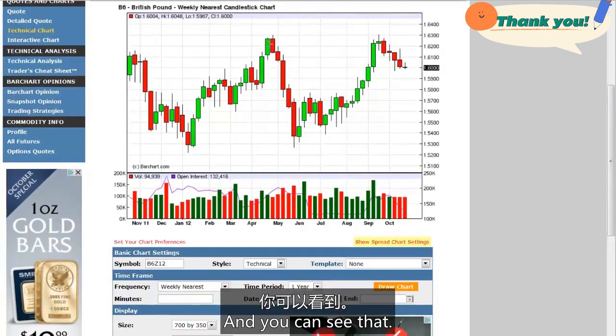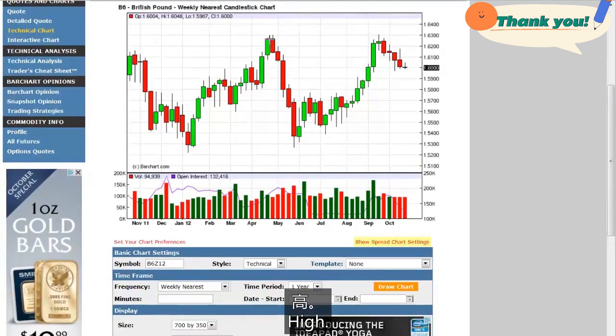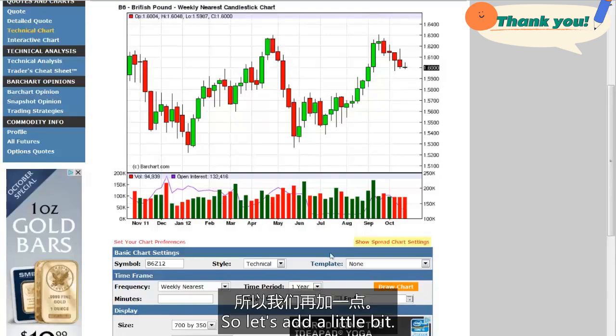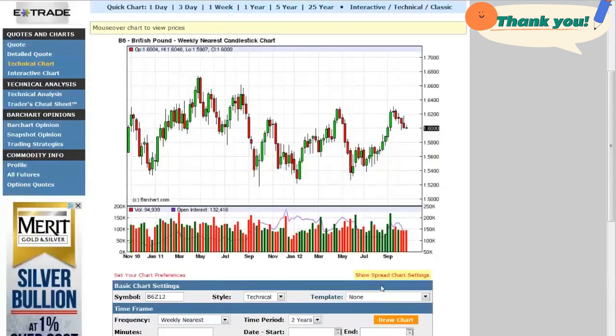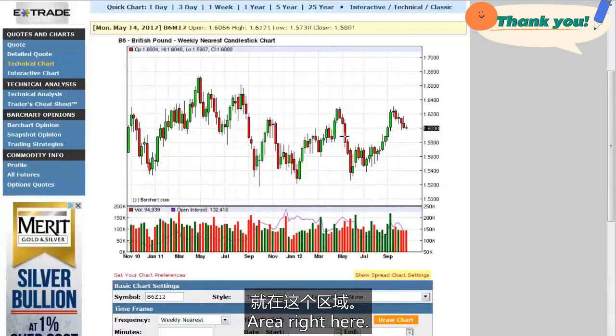Okay, and you can see that April-May high unfold here. So we saw price drop down. Okay, so let's add a little bit of time to this because this is that area right here.